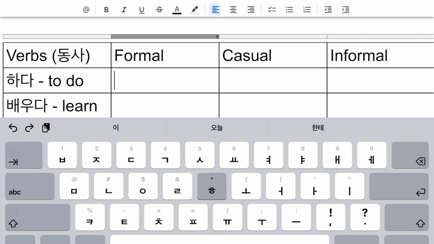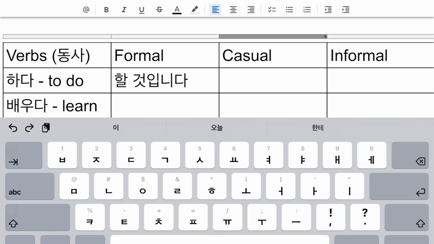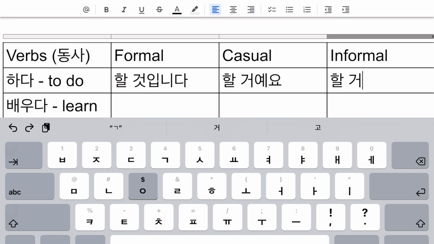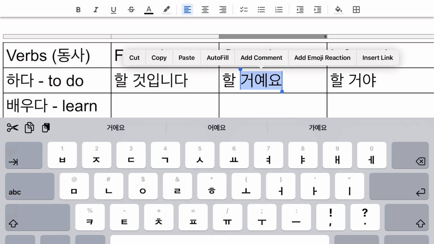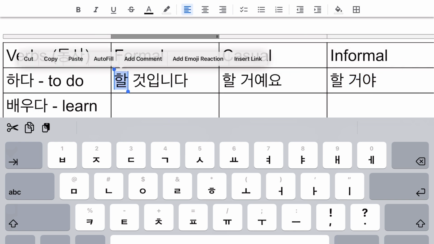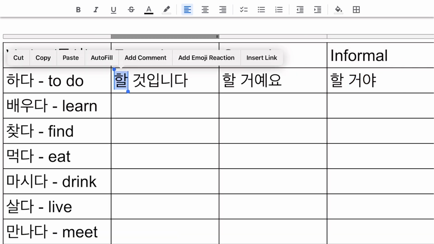So 하다, take off the da, ends with a vowel, so we know we need the L. 할, and it's formal, so we need 것입니다 ending. 할 것입니다 will do. 할 거예요 will do. 할 거야 will do. So like I said, it's always going to be those three endings. You only need to focus on the L and the ul part.